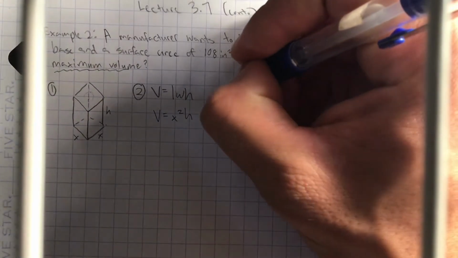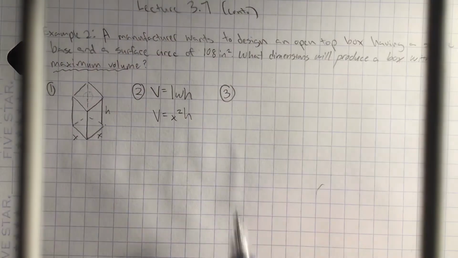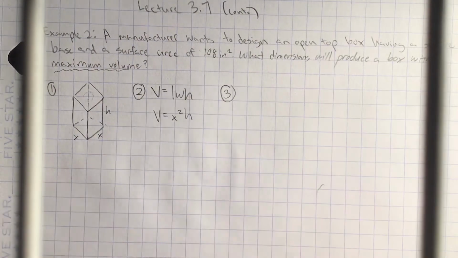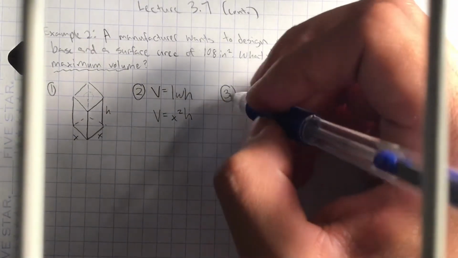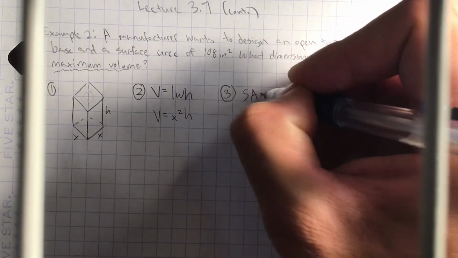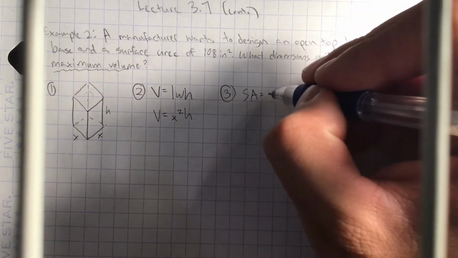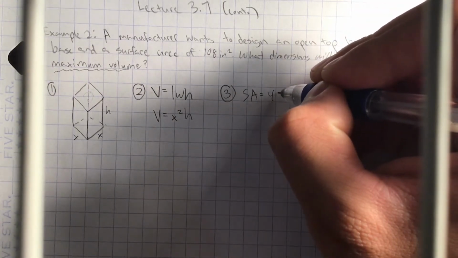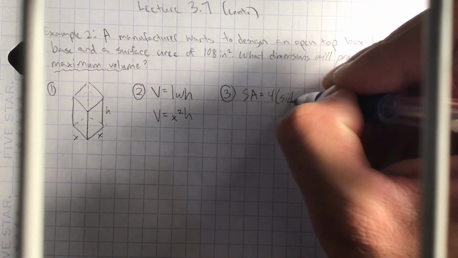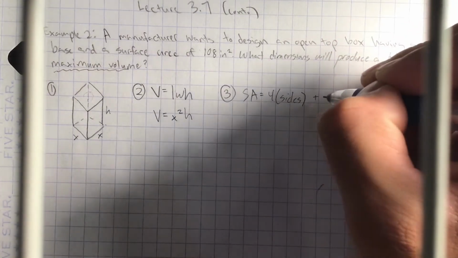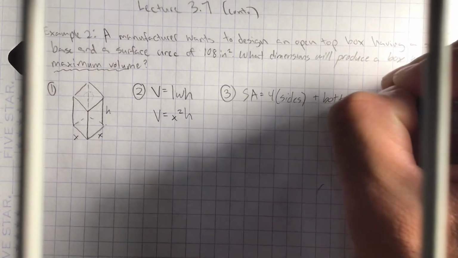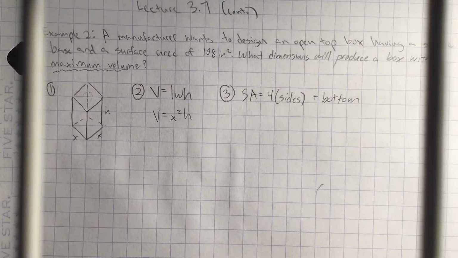So on to step 3, we need to find the constraint. So the constraint would be the surface area of 108 inches squared. And we know that surface area, we have 4 sides plus 1 bottom, because remember, there is no top.